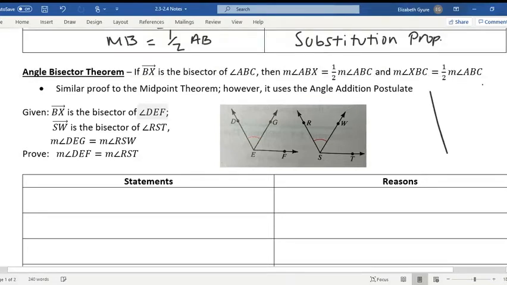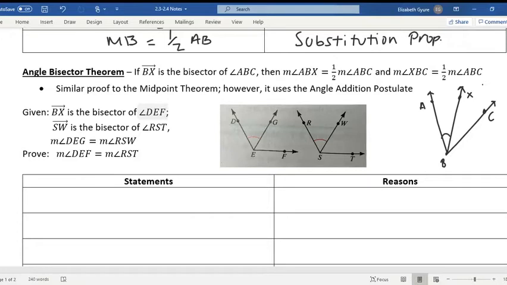So if you have, I'm going to draw it off to the side here, angle ABC, and it has ray BX as a bisector, right? And if that's a bisector, remember it's going to split your angle into 2 congruent parts.